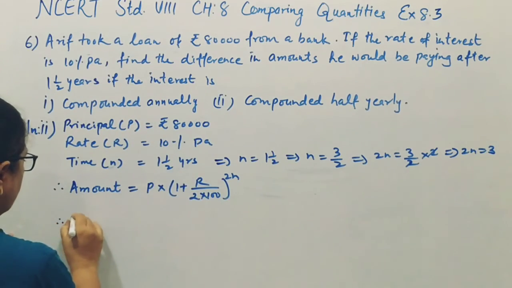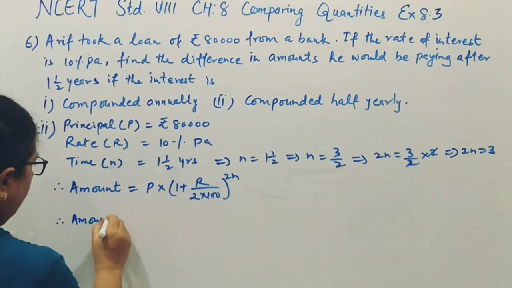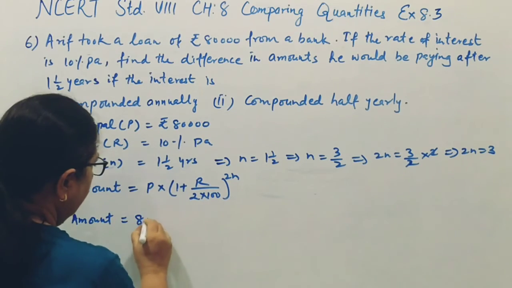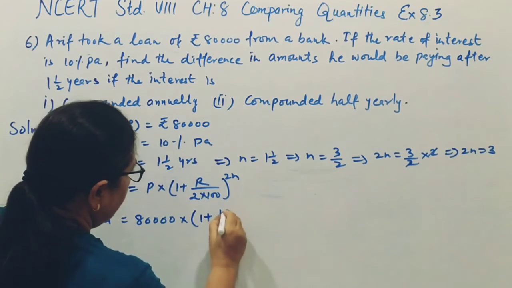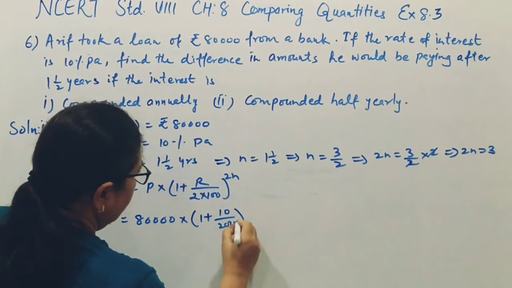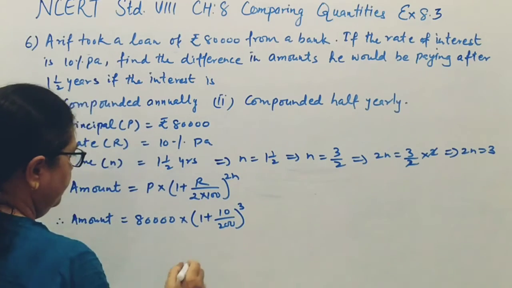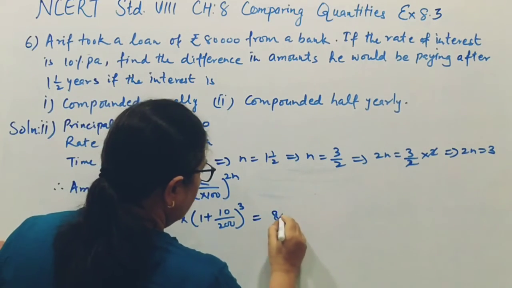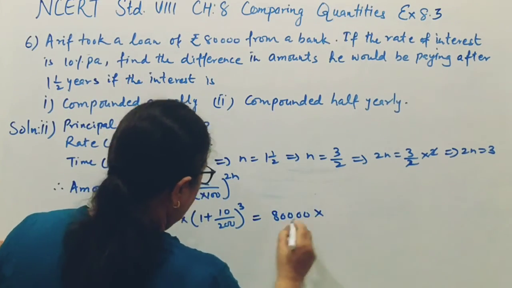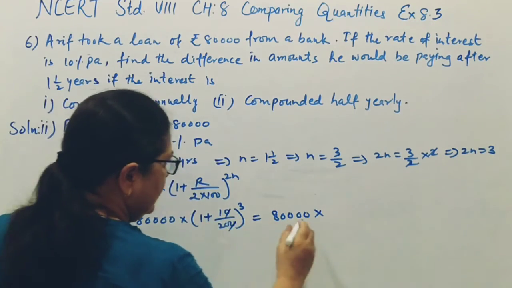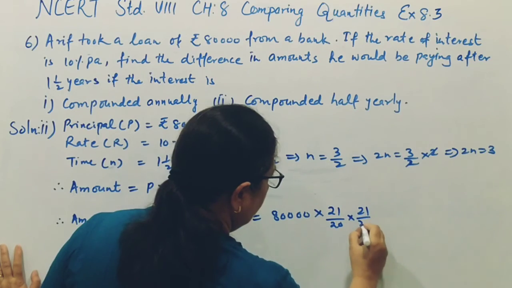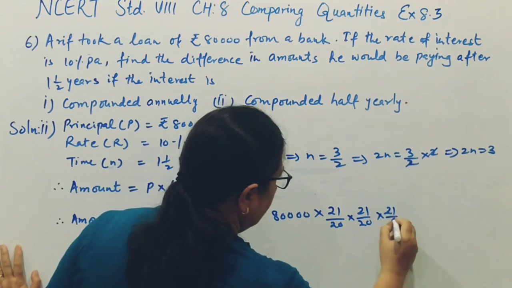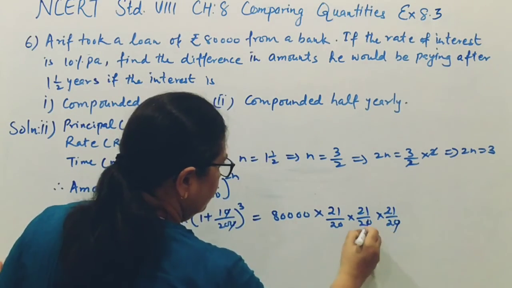Therefore amount is given by 80,000 into 1 plus 10 upon 200 raised to power 3. After simplification here we will get 21 upon 20 into 21 upon 20 into 21 upon 20.